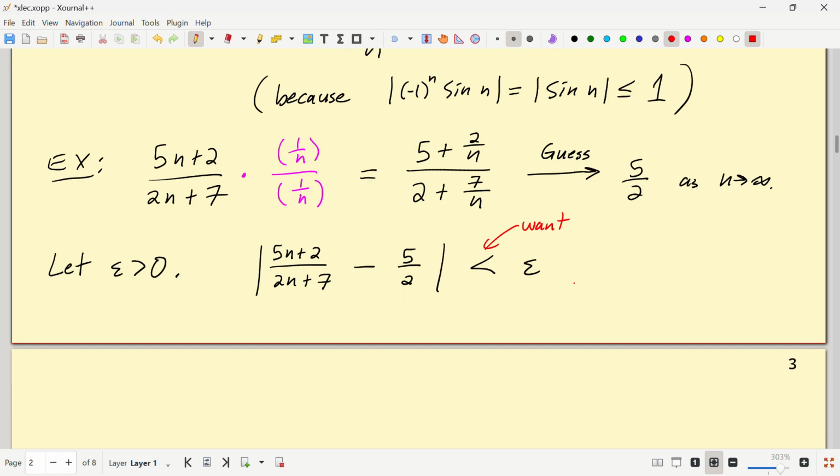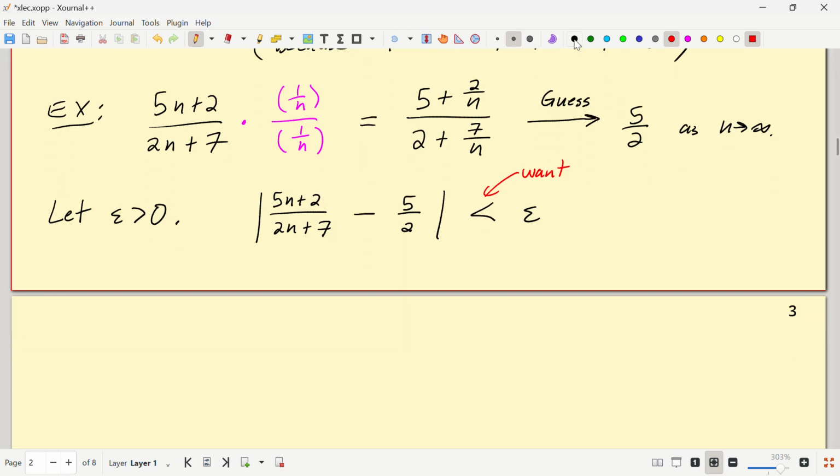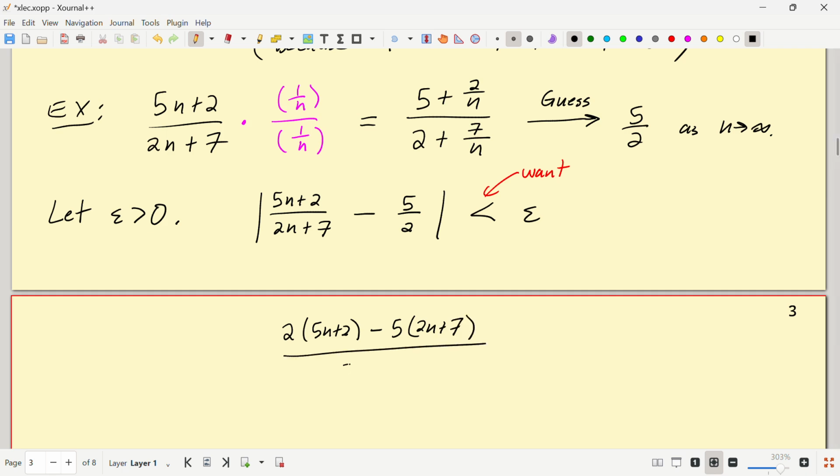Well, now I'm going to mess around with this and cross multiply and get 2 times 5n plus 2 minus 5 times 2n plus 7, over 2 times 2n plus 7. I want that to be less than epsilon.